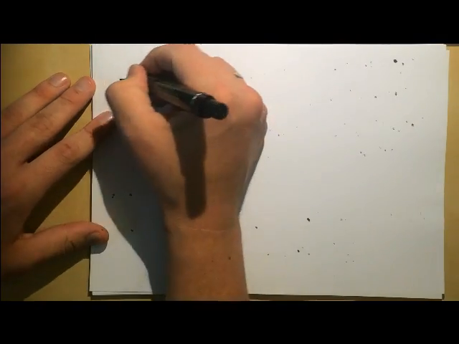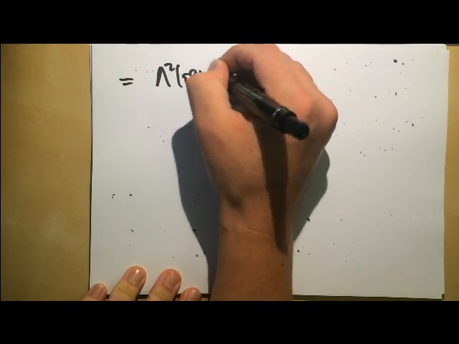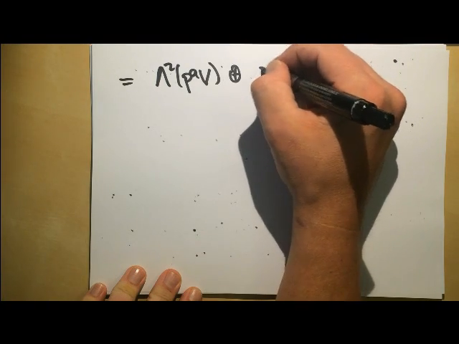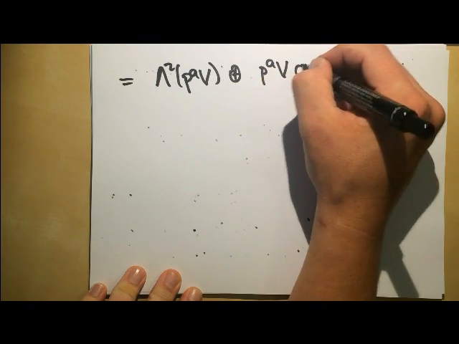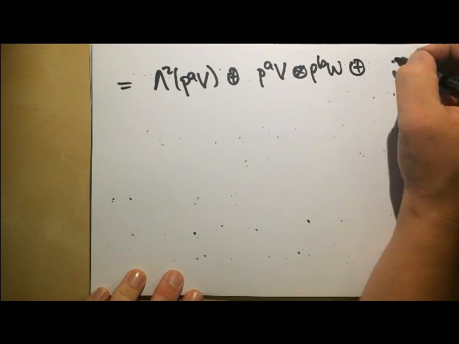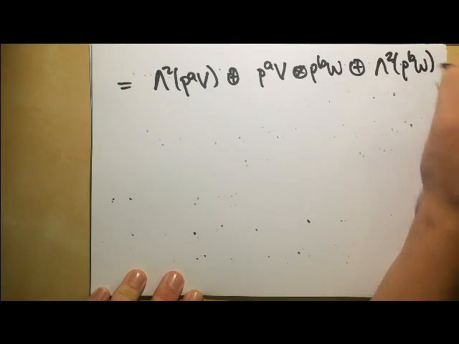What does this become? So this becomes just equal to the second wedge power, direct sum, so this just becomes p to the AV, p to the BW, direct sum, and then we have this thing, p to the BW, like so.